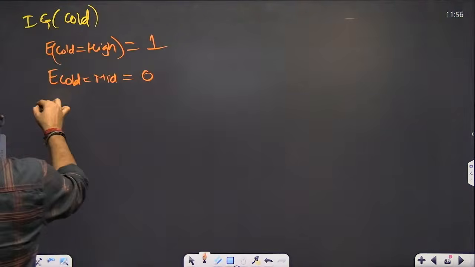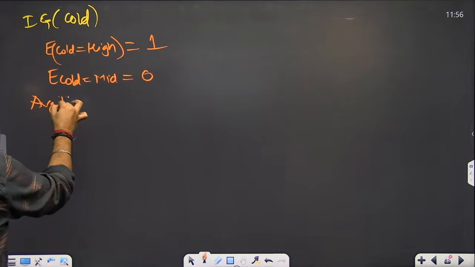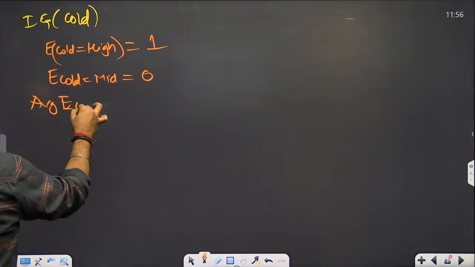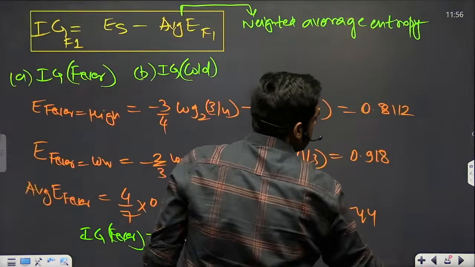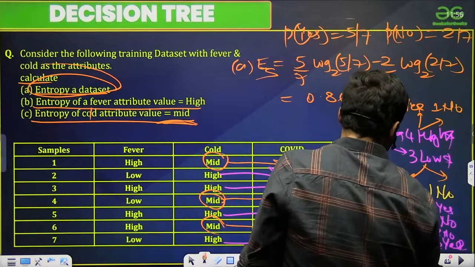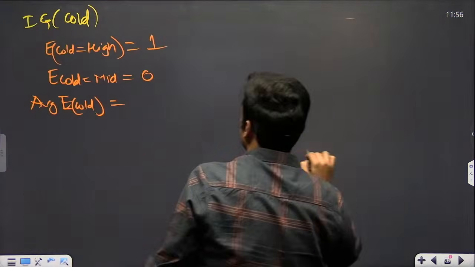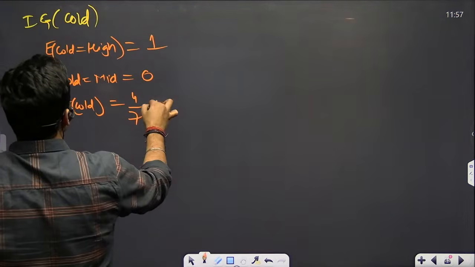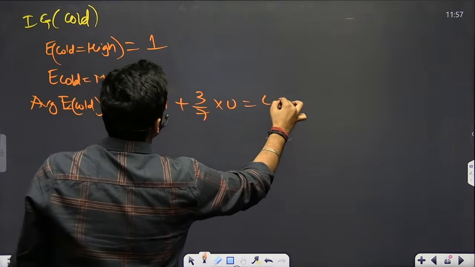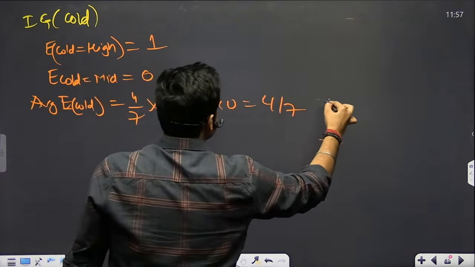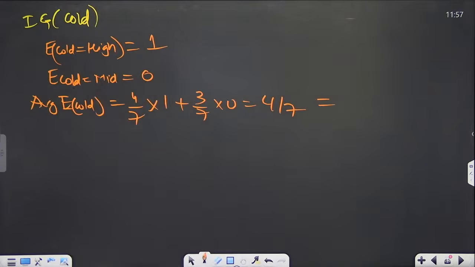So what is the average entropy for the feature cold? I have 4 highs, so 4 by 7 into 1 plus 3 by 7 into 0, which gives 4 by 7.